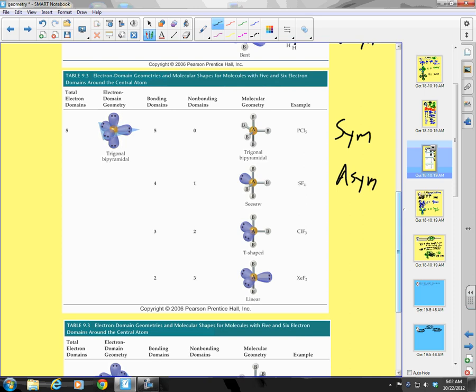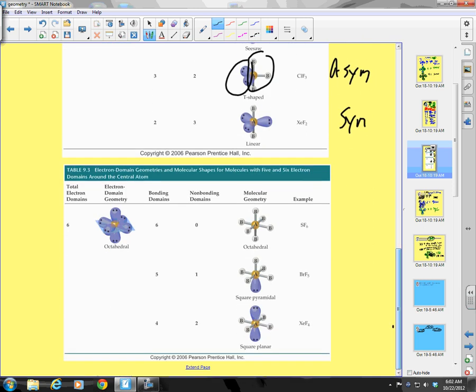T-shaped turns out to be, hey, everything on this side looks symmetric. What about on this side? No, it is asymmetric. Linear is always symmetric. Octahedral, symmetric. Square pyramidal. Hey, I have an atom up here, but I have an unshared pair down there. That makes that asymmetric. And finally, square planar. Square planar, unshared pair on top, but it's offset by an unshared pair there. My atoms are around, so that is symmetric.